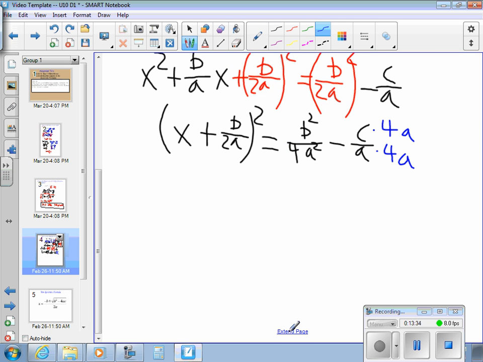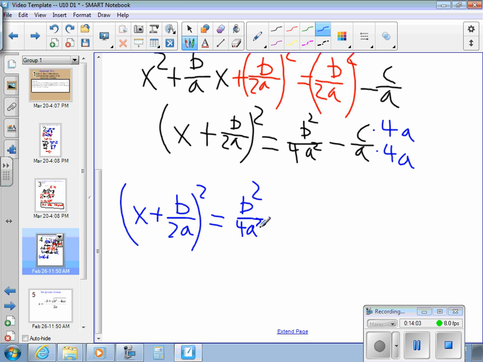Okay, so now I have x plus b over 2a, that quantity squared, equals b squared over 4a squared minus 4ac over 4a squared.